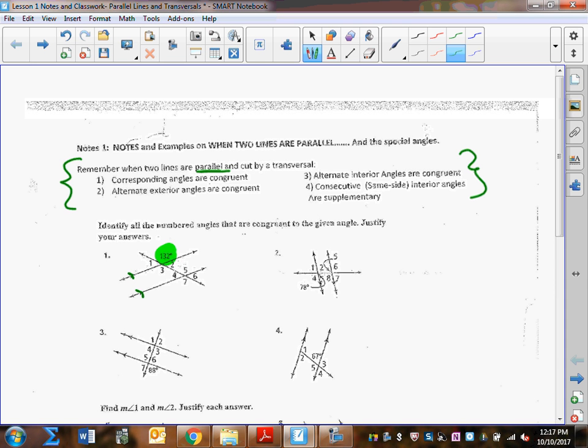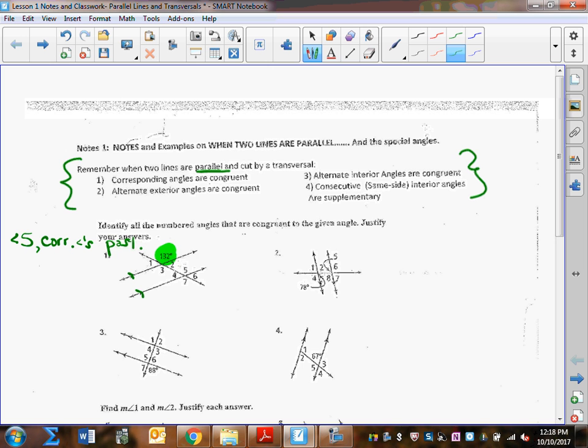What angle is corresponding with 132? Lucy? 5. Okay. So we know angle 5 is congruent. And what's my justification? What did we use? Corresponding angles postulate. Good.